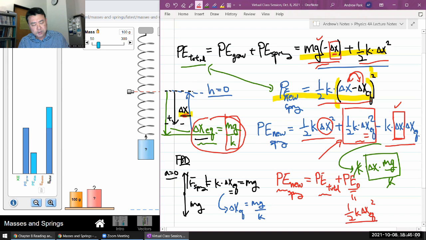And remember what I said about potential energy earlier. The only thing that's meaningful about potential energy are always differences. That's what gives change of kinetic energy. That's what results in all the dynamical stuff.